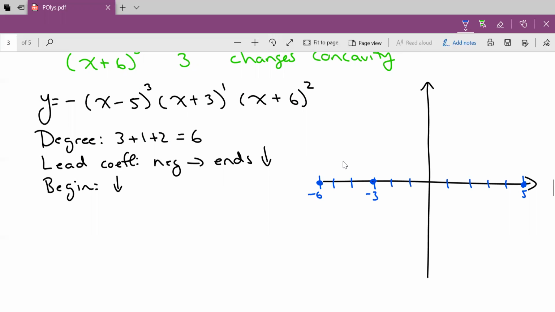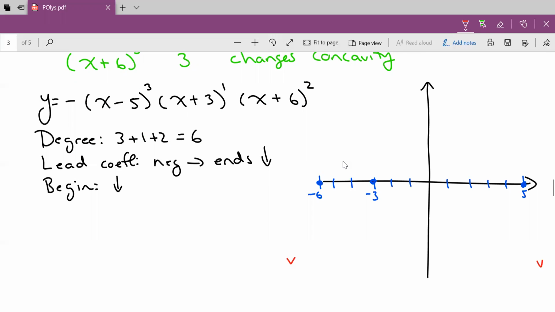So the graph ends going down, so there's going to be an arrow somewhere down here. It's even, so it begins and ends the same way, so there's another arrow over here. Now all we're going to do is go from left to right and analyze what happens at each of these x-intercepts by looking at the multiplicity of the factors.